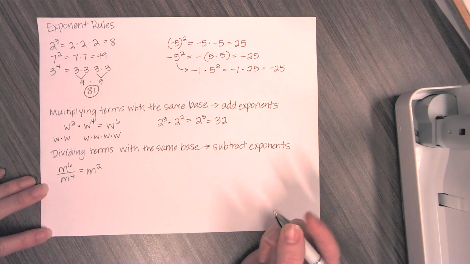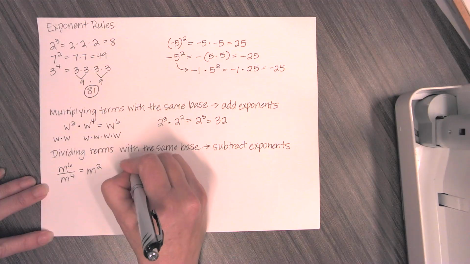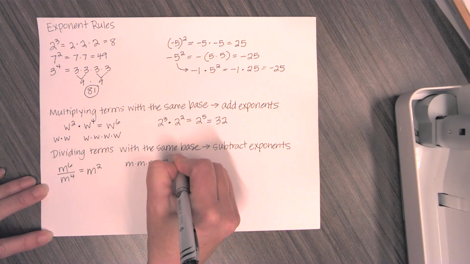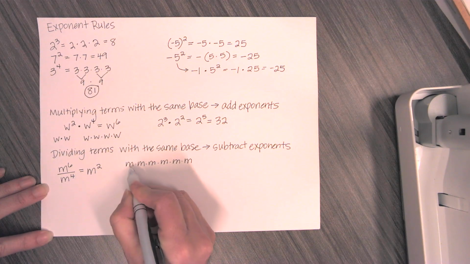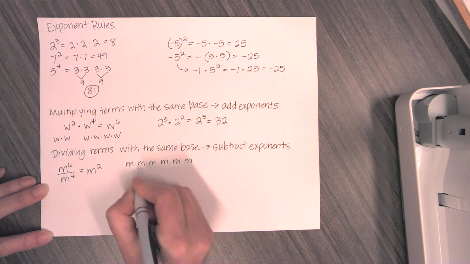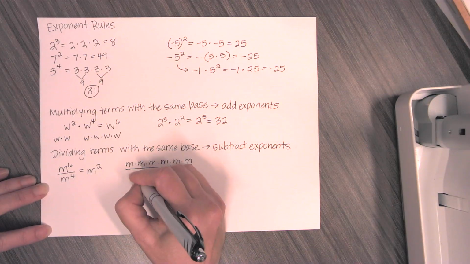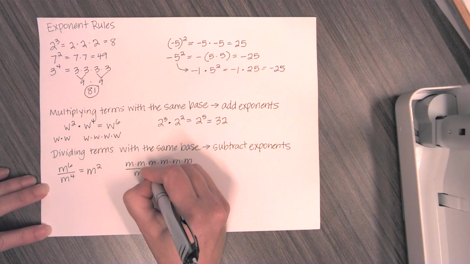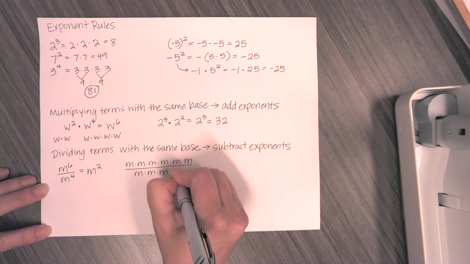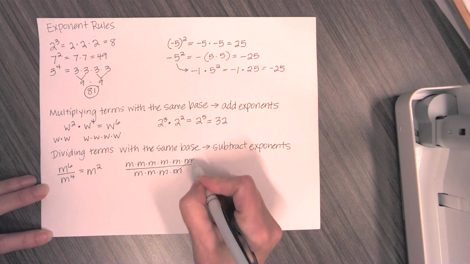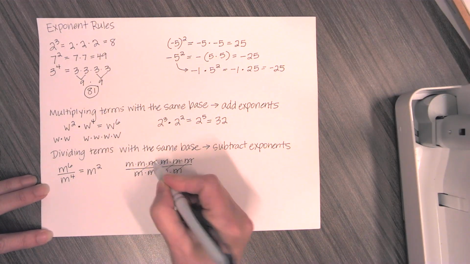Okay, let me show you why that works. If you have m to the 6th on the top, that is m times m times m times m times m times m. You don't want to have to write that out every time. That's why we have these nice little rules. And on the bottom we have m to the 4th. And if you'll notice, we can cancel some like terms on the top and the bottom.